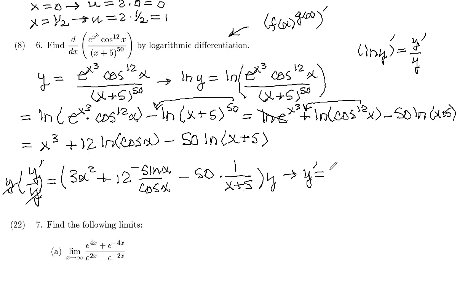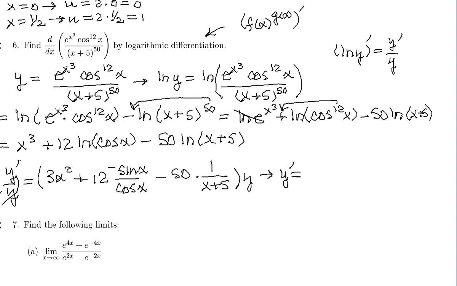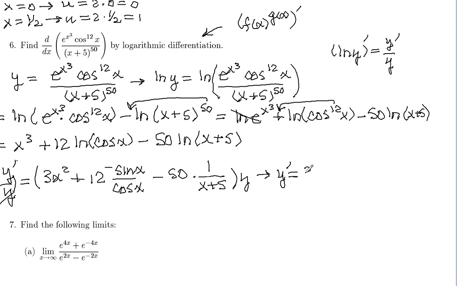And I'll do a little bit of simplifying in there. Let me scooch this guy over. 3x squared. And then let's take this minus sign and we'll bring it out in front. So minus 12. And you could leave that as sine x over cosine x, but remember sine over cosine is tangent. So let's go ahead and change that to tan x.